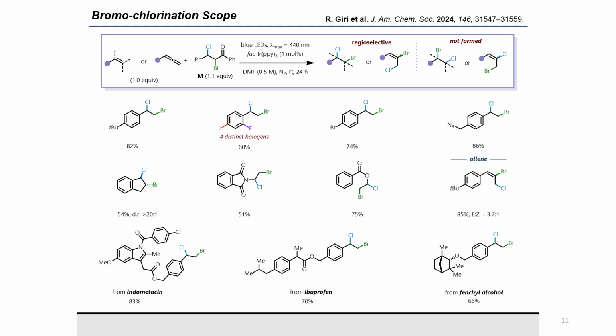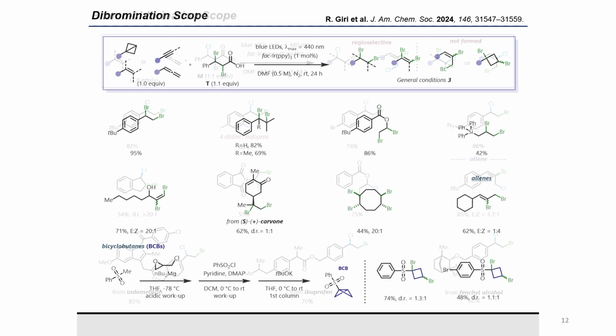After optimization, we received it in a decent yield, and this molecule is very interesting because it has 4 halogen atoms installed onto it. This protocol selectively functionalized styrenes, non-styrenes, and allenes, and several late-stage functionalizations were demonstrated in the scope of the reaction.